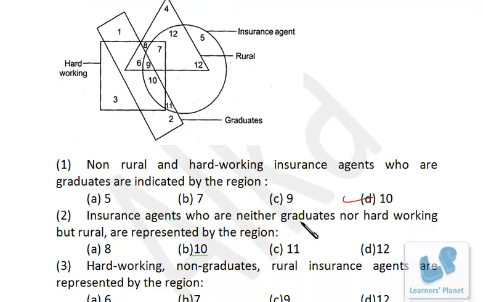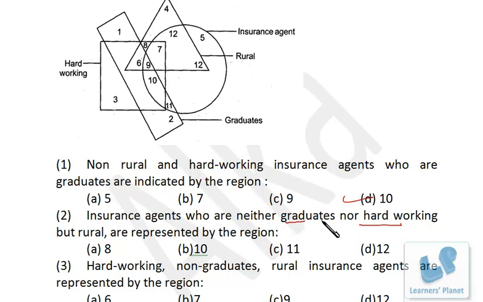Insurance agents who are neither graduates nor hardworking but rural, right? Let's see. I'm sorry, they should be in triangle, but they should not be in circle and square.